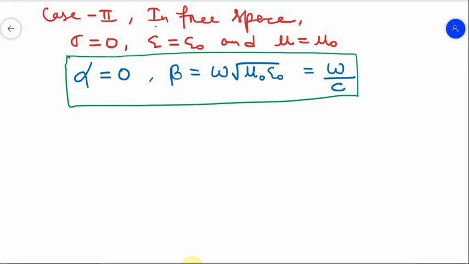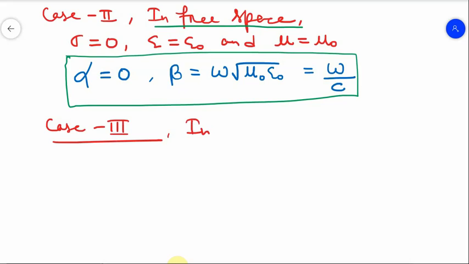And case 3 is a good conductor. If the medium is a good conductor, what are the considerations?